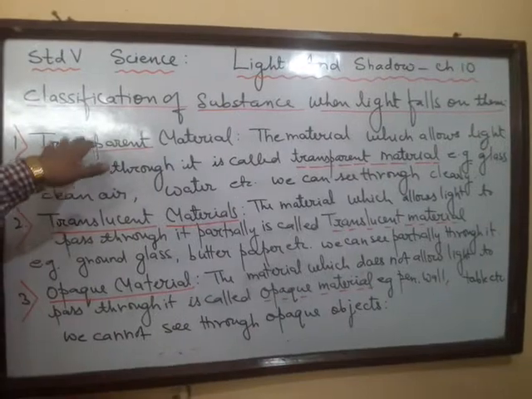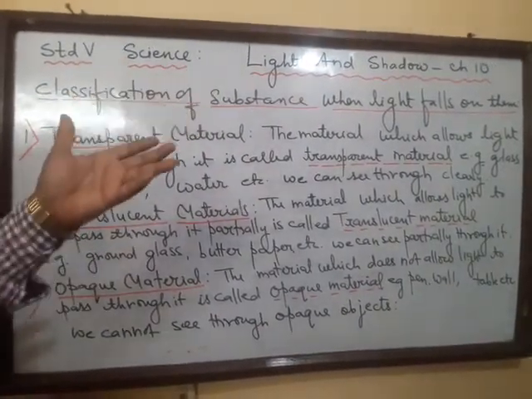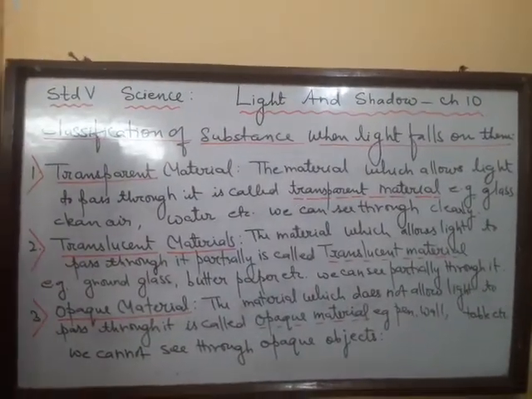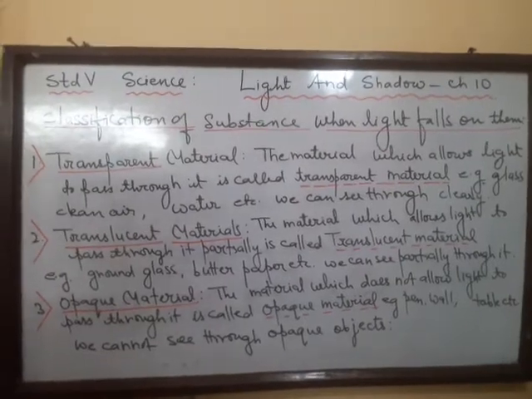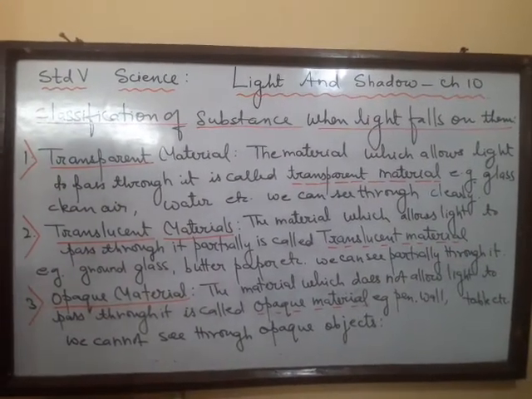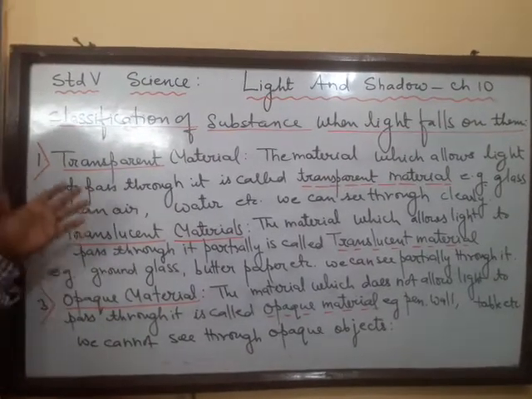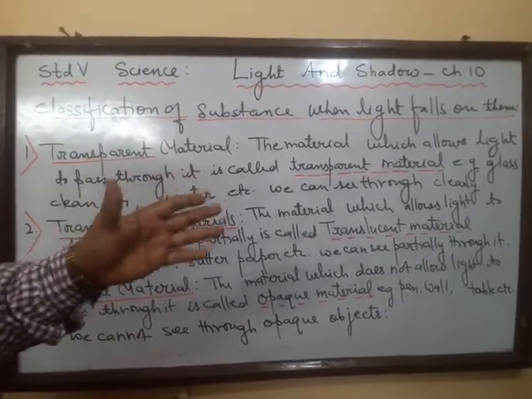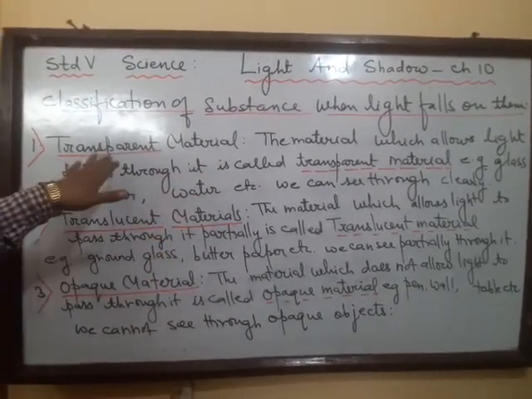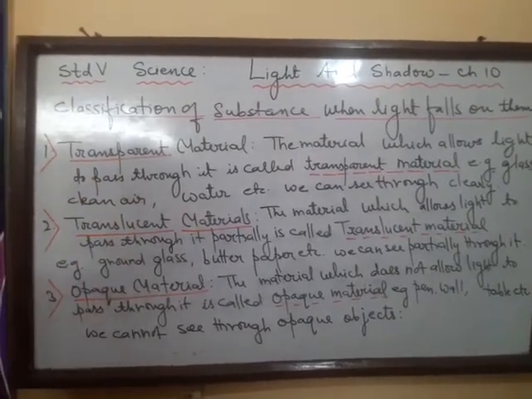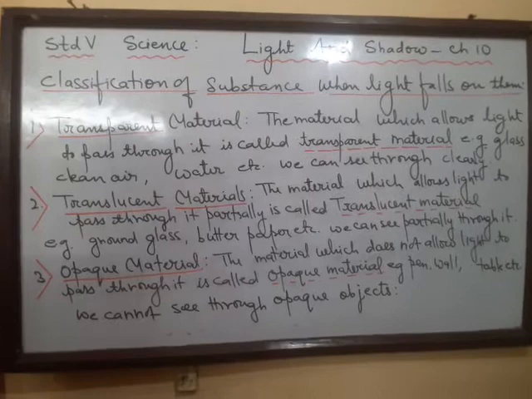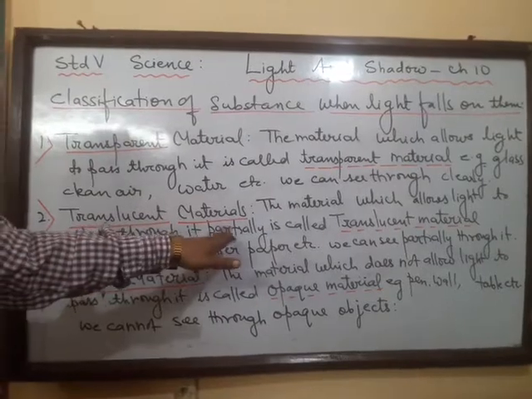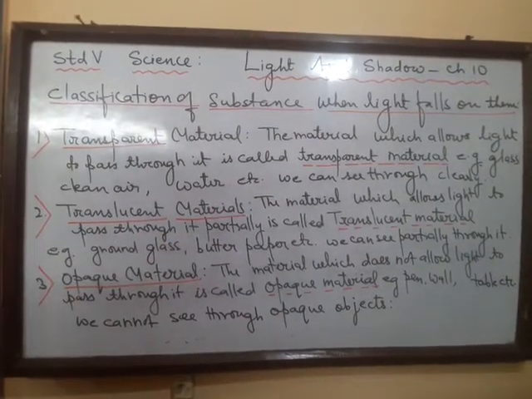First, classification of substances when light falls on them. Transparent material: the material which allows light to pass through it is called transparent material. Examples: glass, clean air, water, etc. We can see clearly through transparent materials. Next, translucent material: the material which allows light to pass through it partially, meaning not fully, is called translucent material.